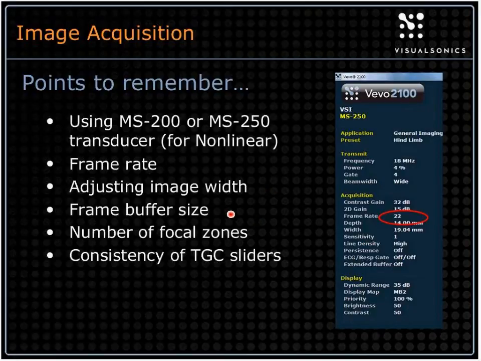One other point to add with the frame buffer size, which you can have a nice effect on: if you go to the preferences window on your system, just hit the prefs key, you'll notice frame buffer sizes for the different imaging modes. In the contrast modes, nonlinear and linear, you can actually use an extended buffer.